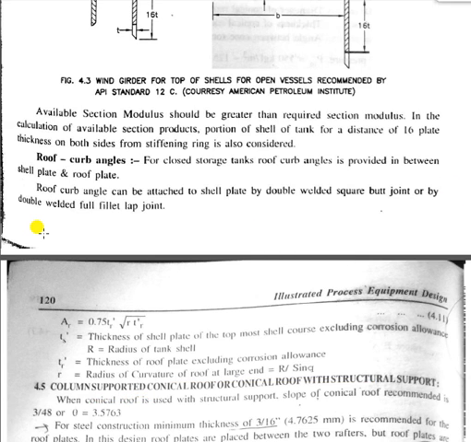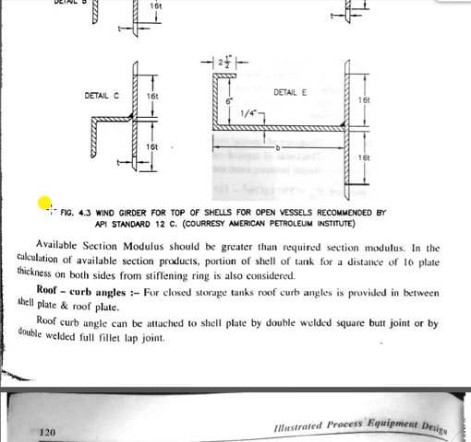So there is a limited number of girder types available, five. The available section modulus must be greater than the required section modulus.